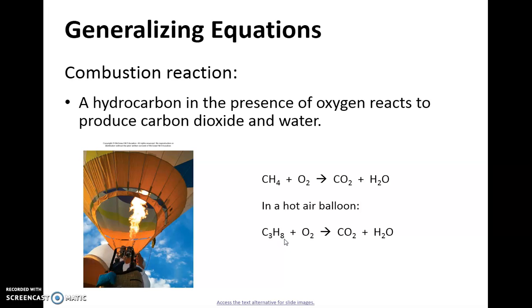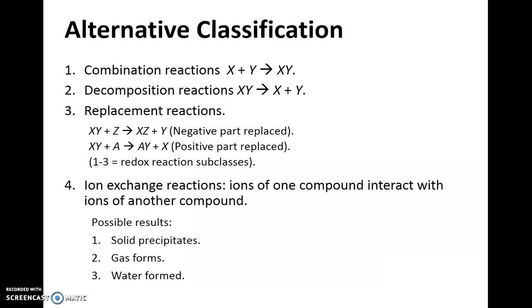But regardless, it's a hydrocarbon. We're reacting it with oxygen, and we're going to produce carbon dioxide and water. Okay, that is a combustion reaction. I'm going to end this one here, and then we're going to pick back up on the next one.